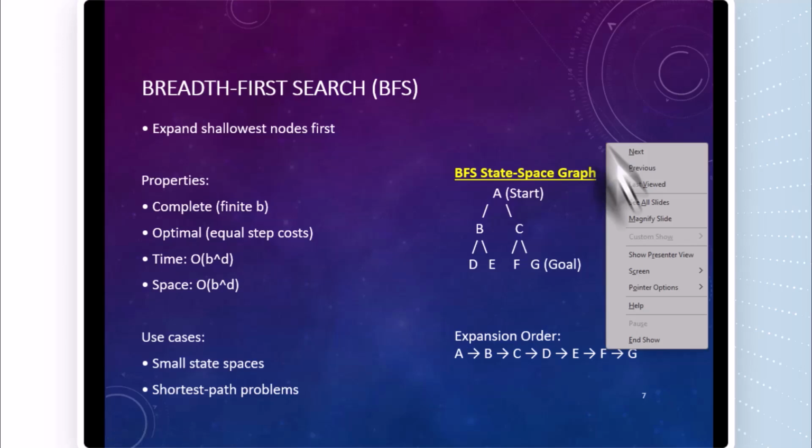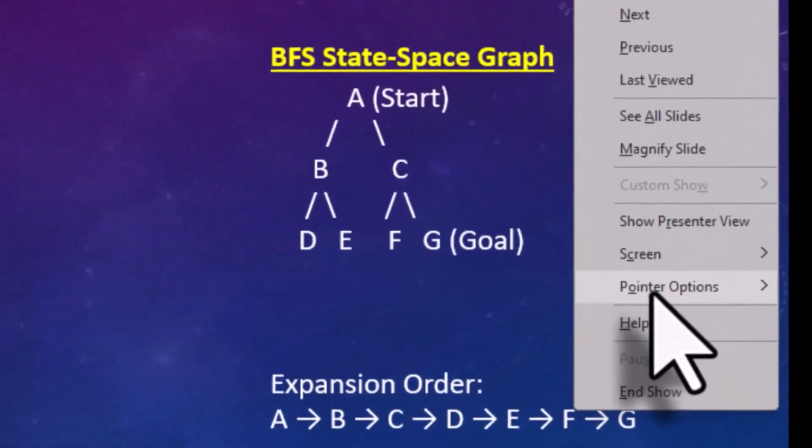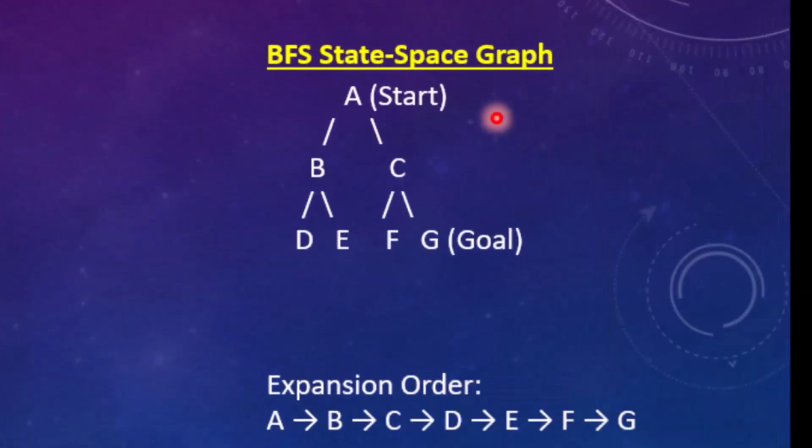Suppose the AI is starting from A and intends to get to G, which is the goal. For breadth first search, it explores all nodes layer by layer.